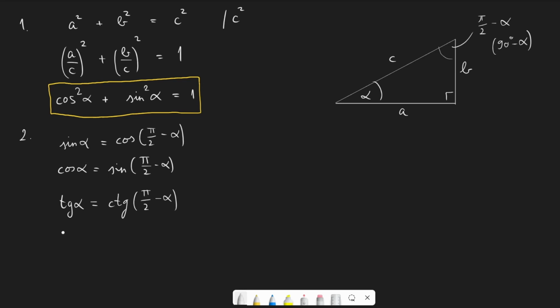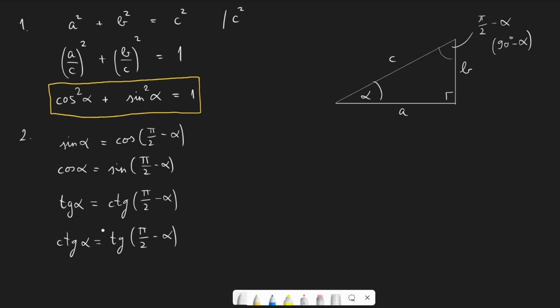And one more, if we take the reciprocal of this equation, then we get that cotangent of alpha is equal to the tangent of the complement angle. So these are the other identities which deal with the complement angles.